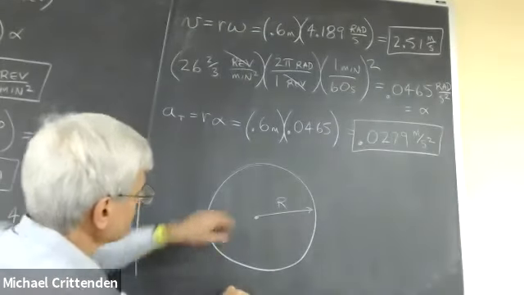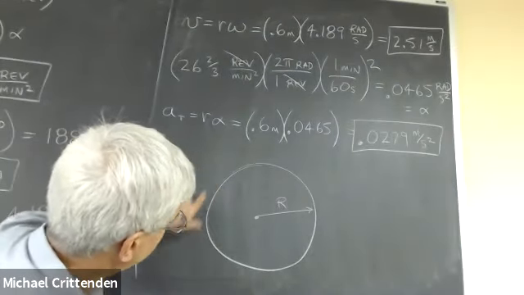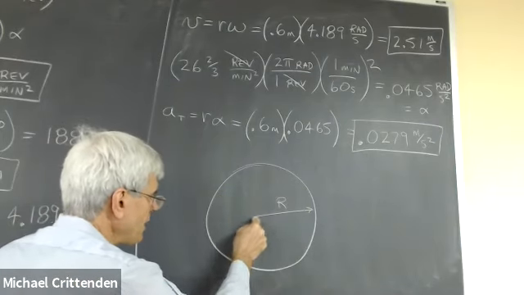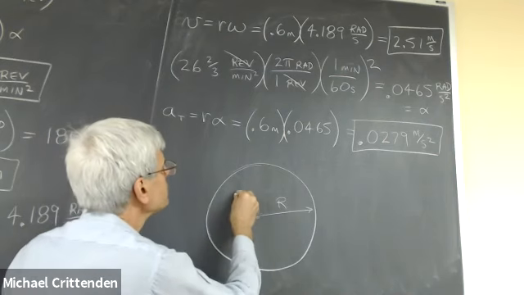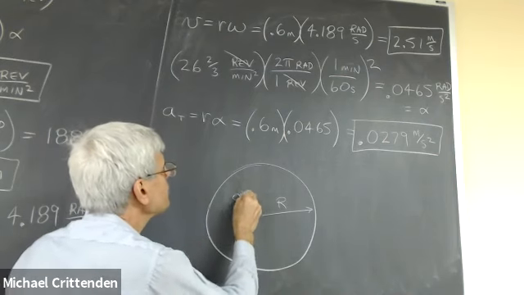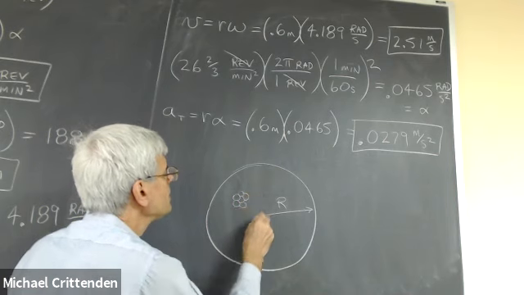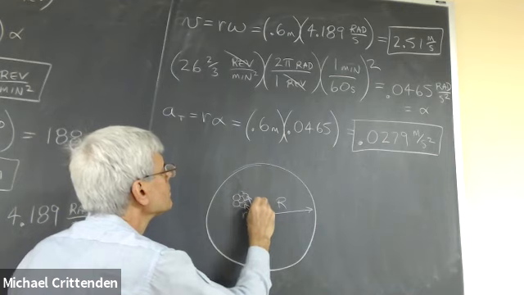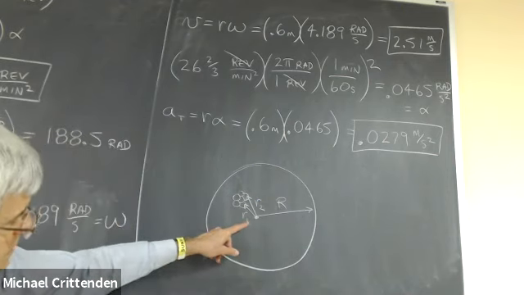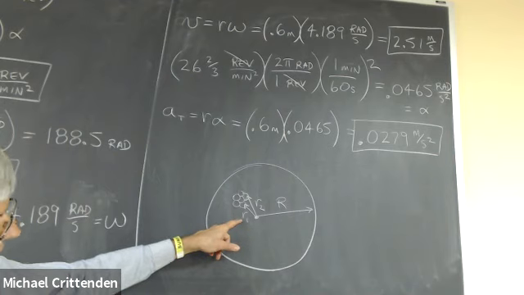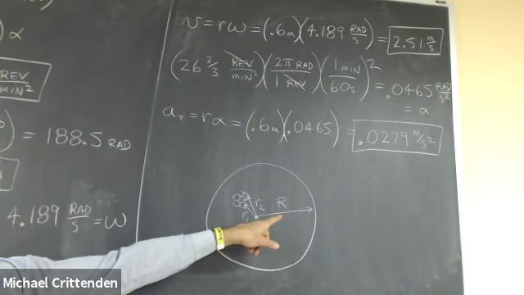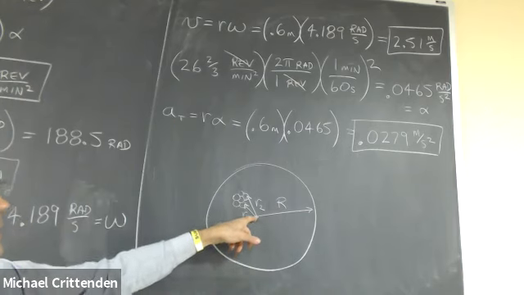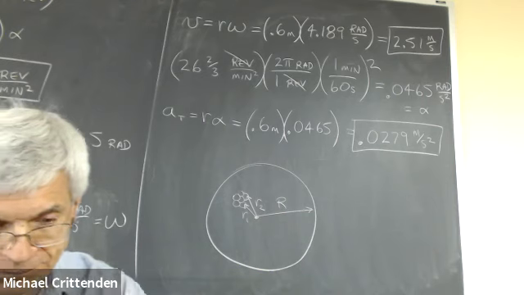Because instead of having all the mass at the outside edge, if it's a solid object all the way from the center out, you start breaking it up into little pieces, and most of the little r's are less than the capital R. In other words, most of the mass is located closer to the center where it contributes less inertia.